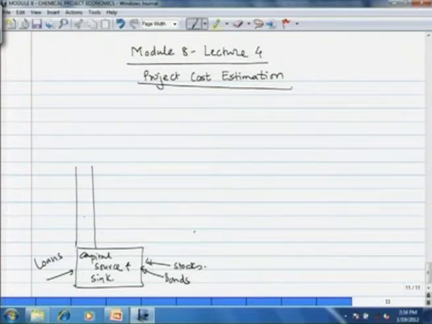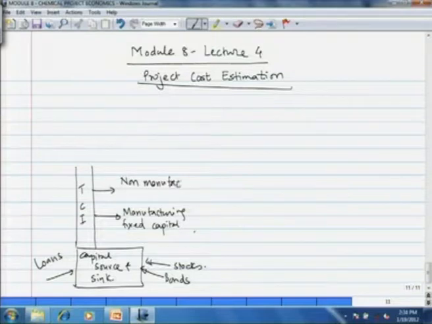First stem, that is the manufacturing fixed capital. These are the three components of total capital investment that I have denoted with acronym TCI. Then the second stem is of non-manufacturing fixed capital. And the third stem is that of working capital.